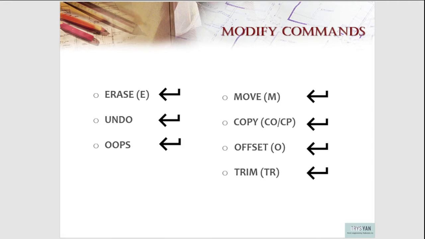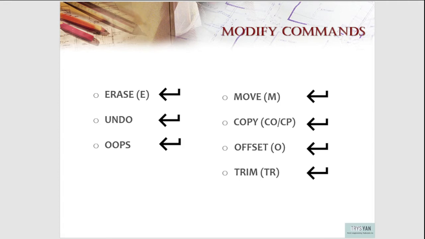Kung gusto naman natin dito sa taas natin siya i-copy, just select this object and put your cursor above the line. Wala pang kiniklik ha. Nilagay ko pa lang yung mouse ko dito sa ibabaw. Makikita natin, lumilitaw na yung line, pero hindi pa siya yung totoo, kasi hindi ko pa kiniklik. Pinapakita lang niya kung ano yung posibleng mangyari. Pag kinlik ko tong upper part of the line, nag-copy na yung line dun sa itaas niya.